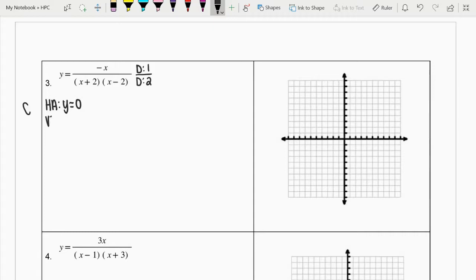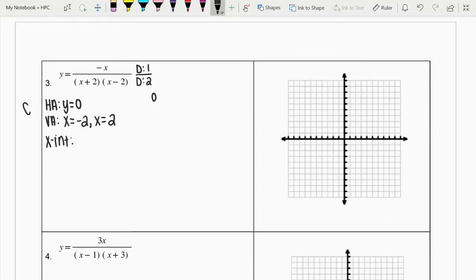Okay, to find our vertical asymptotes, we set our denominator equal to 0. We're going to have two vertical asymptotes. One will be at x equals -2, and the second would be at x equals +2. Okay, let's go ahead and find our x-intercepts. My x-intercept happens when y equals 0.